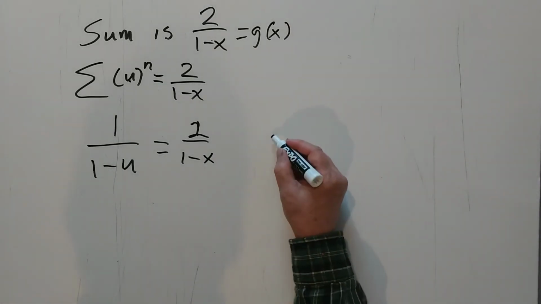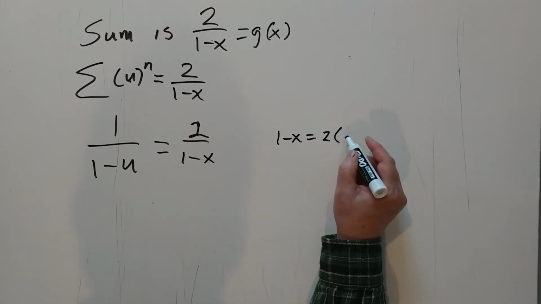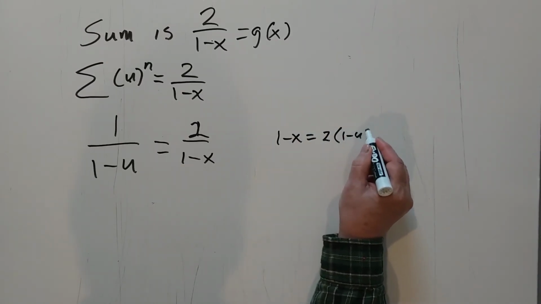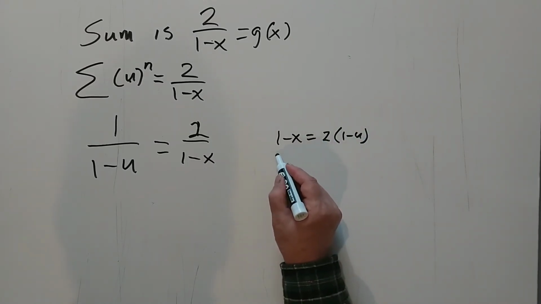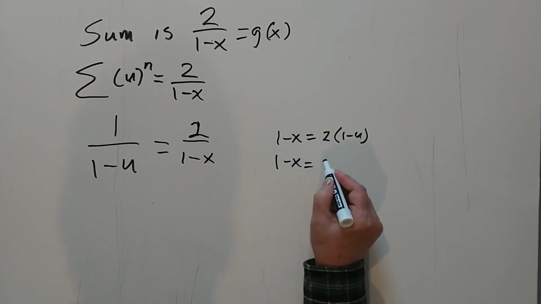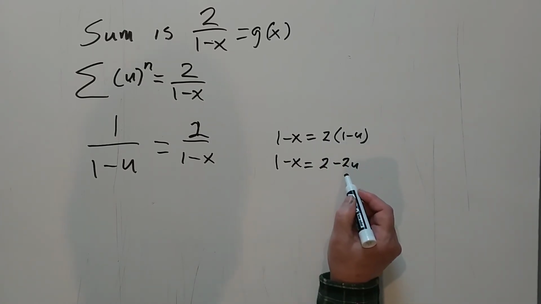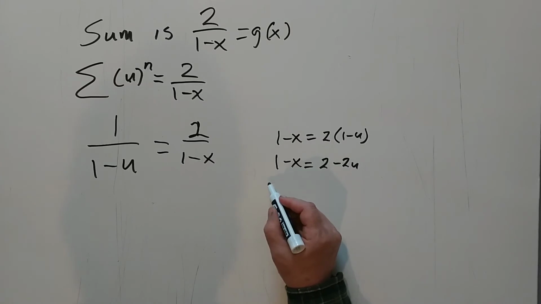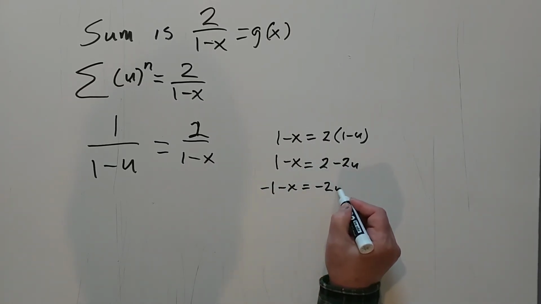So this is 1 minus x equals 2 times 1 minus u. Removing parentheses. Bringing the 2 to this side, I get negative 1 minus x equals negative 2u.